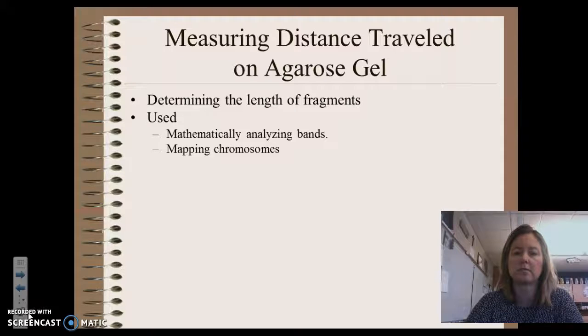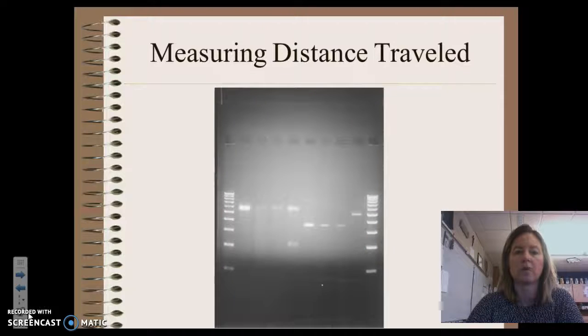We use this to mathematically analyze the bands so that we have some quantitative data to back up just what we're observing with the banding patterns. And we also use this information to help create chromosome maps, which we will get to in the next couple of days. Okay, so we should end up with a DNA gel that looks something like this.